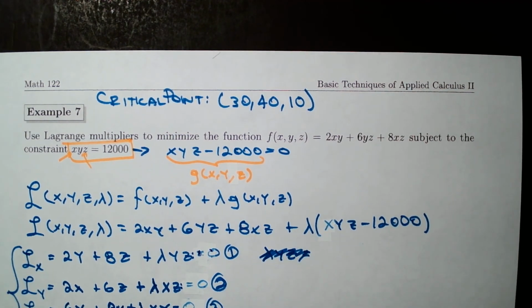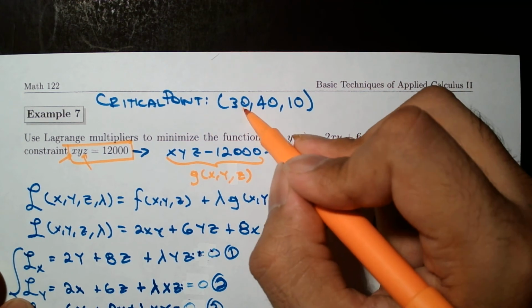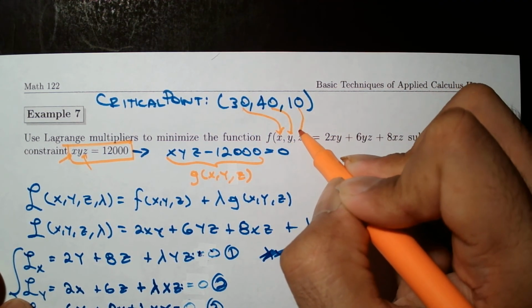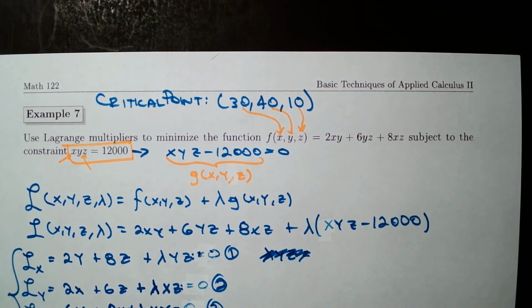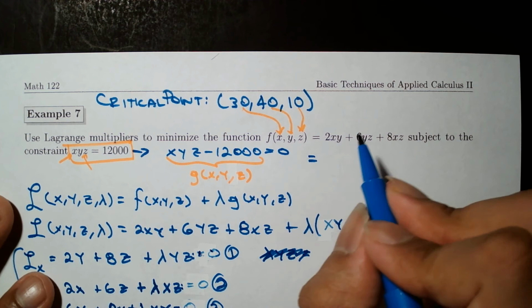So I'm going to plug this in over here: 30 corresponds to x, 40 for y, and 10 for z. I'm going to do that in this space.